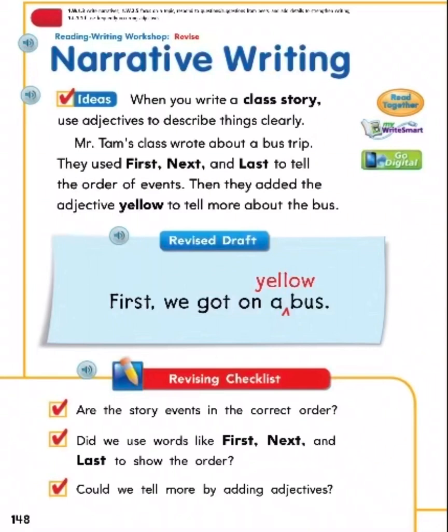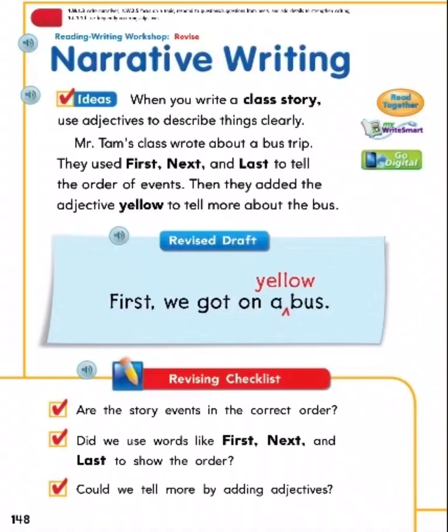Mr. Tam's class wrote about a bus trip. They used first, next, and last to tell the order of events. Then they added the adjective yellow to tell more about the bus. Revised draft. First, we got on a yellow bus.